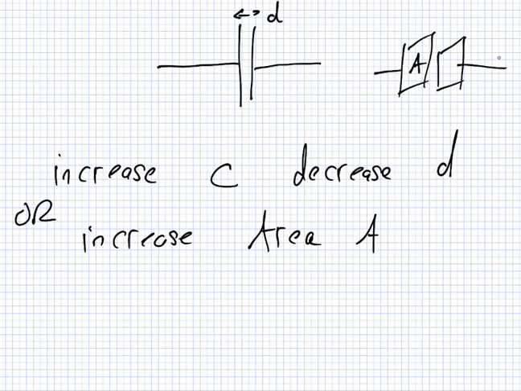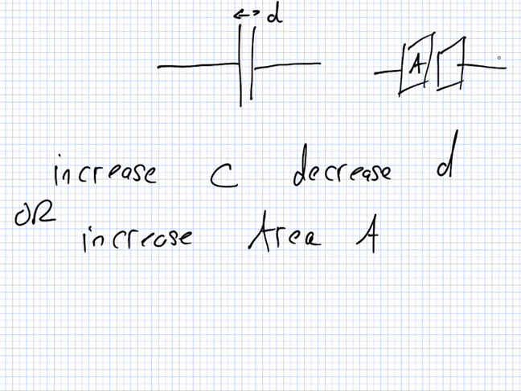No, it's about the same actually, because if you make the area twice as big, you make the capacitance twice as big. But if you halve the distance, you make the capacitance twice as big. I can tell you which is cheaper. Which is cheaper? Make the distance smaller, because you can do that for free.